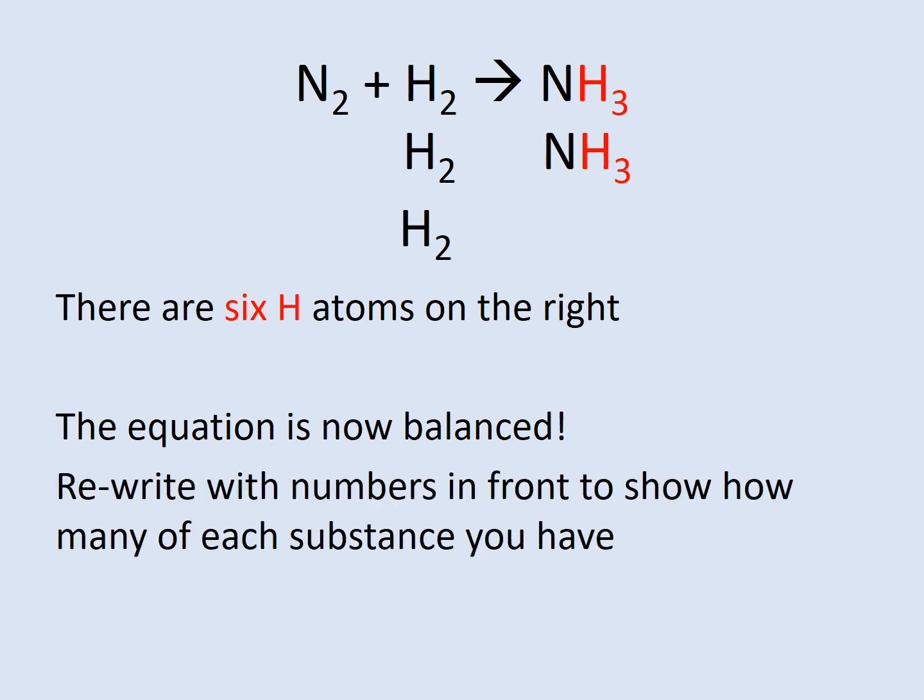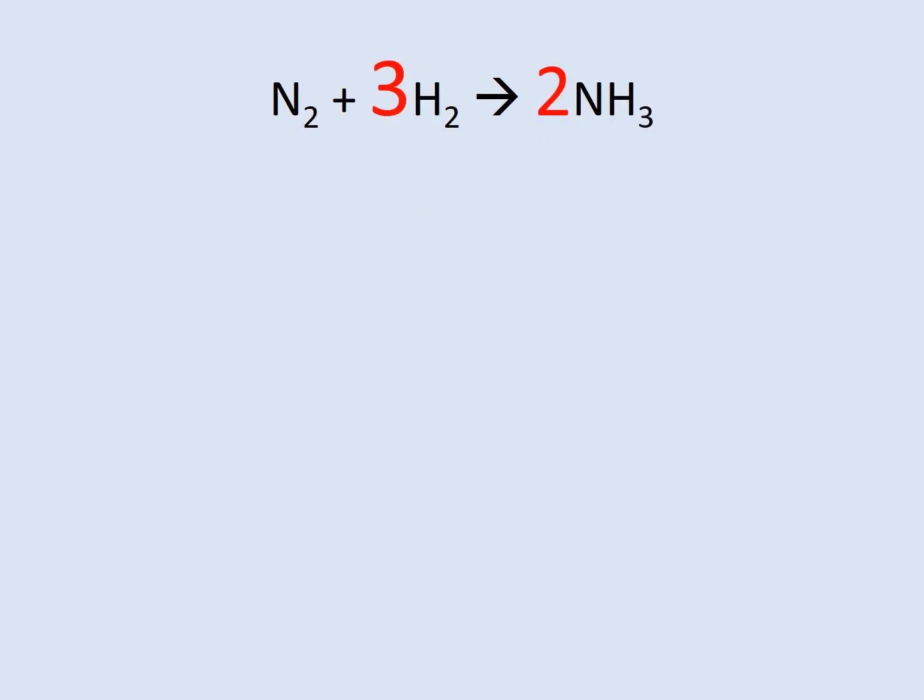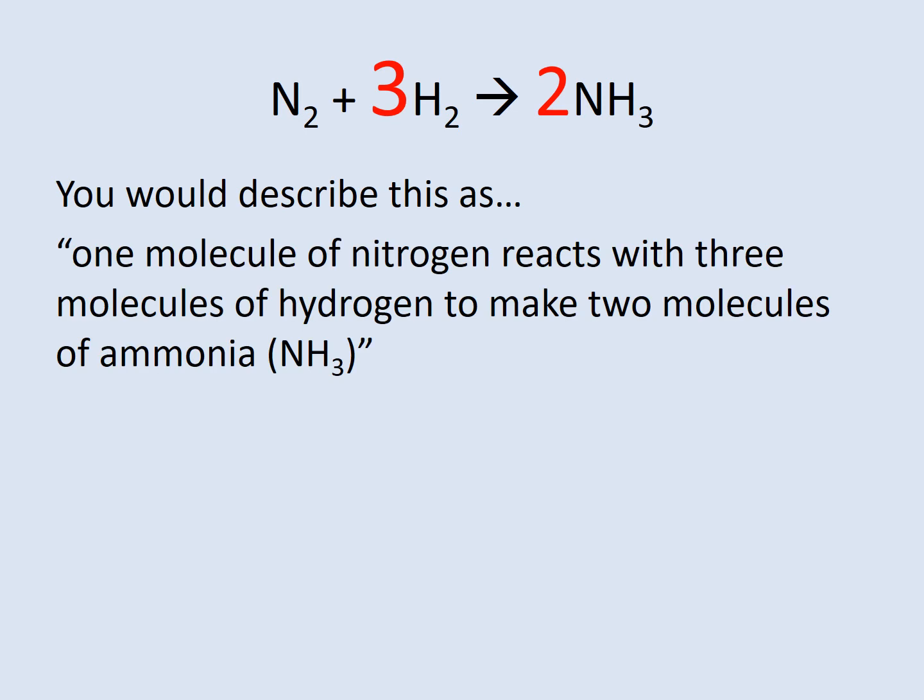So you need to put your big numbers in front and you should have N2 plus 3 H2 makes 2 NH3, which you would describe as 1 molecule of nitrogen reacts with 3 molecules of hydrogen to make 2 molecules of ammonia, and ammonia is NH3. Okay, on the next slide we have some practice problems for you to have a go at.